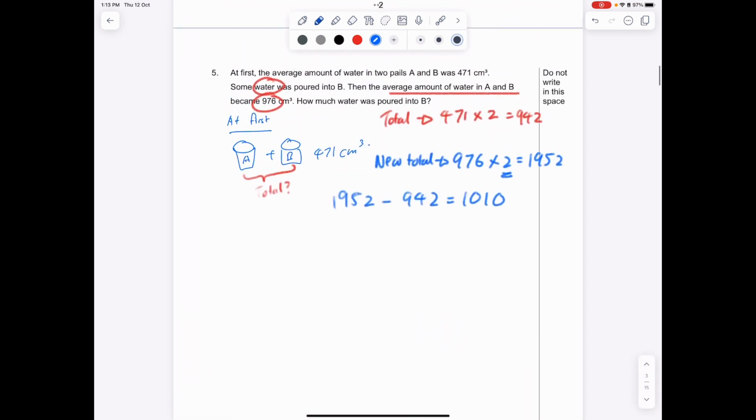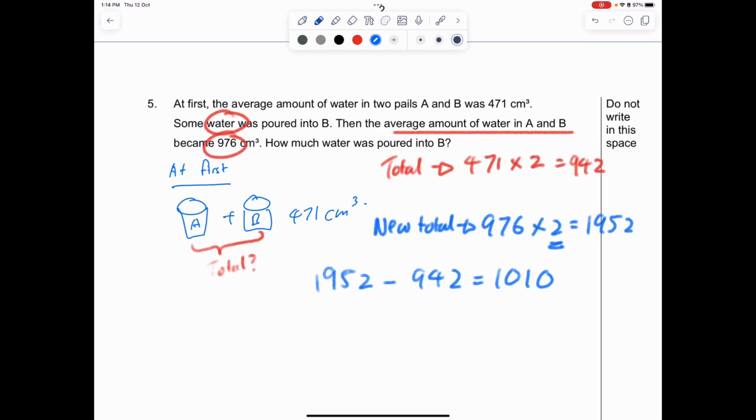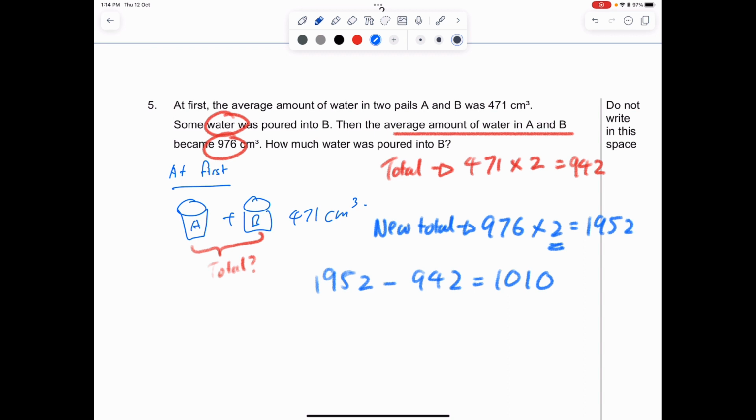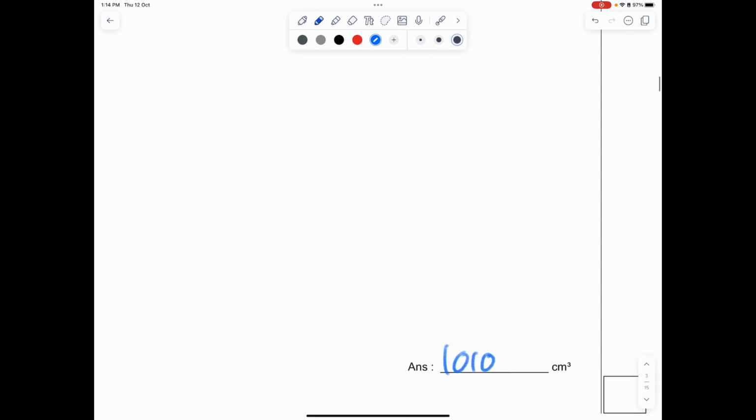You don't have to know how much water was in A and B, because they never ask you. They just ask you how much water was added to B. That's all. So to do that, you just take new total minus away old total. Very simple.